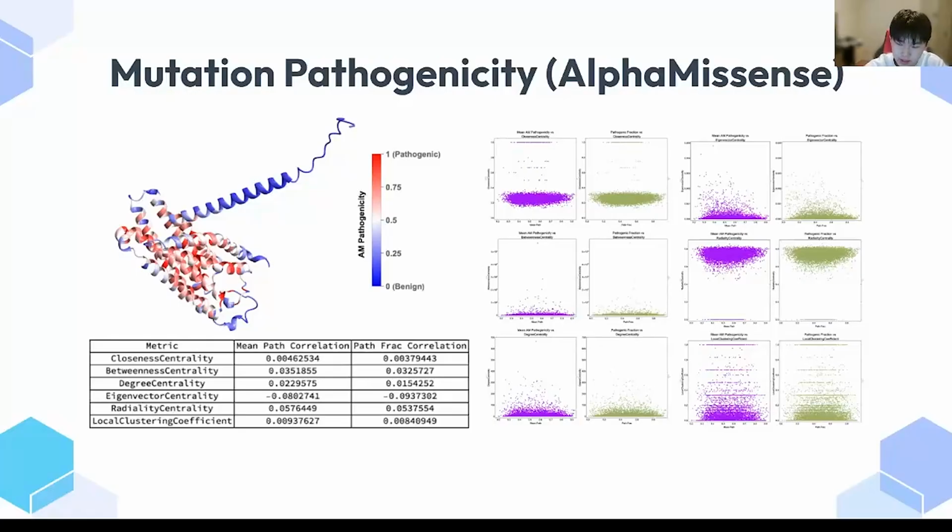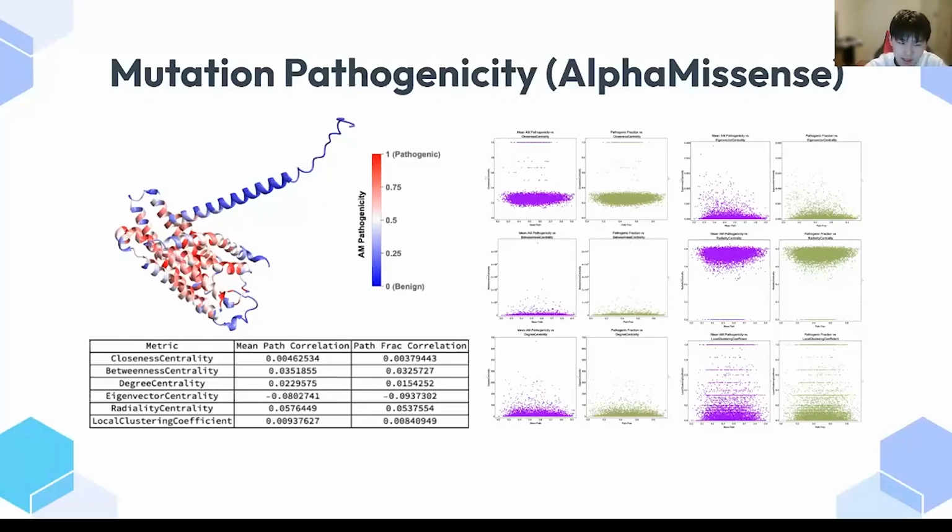For each mutation going from one amino acid to another, we can categorize it into one of three categories: likely benign, ambiguous, or likely pathogenic. From this, we determine the fraction of mutations categorized as likely pathogenic.